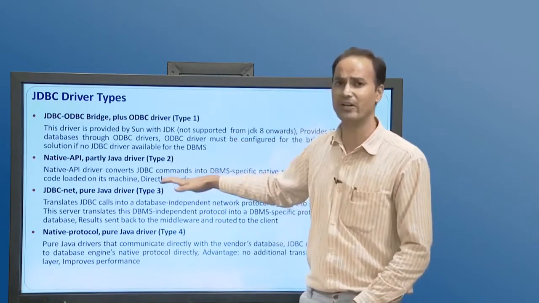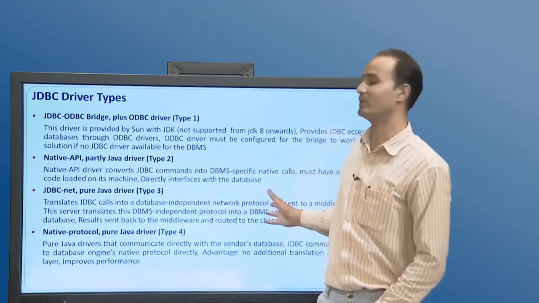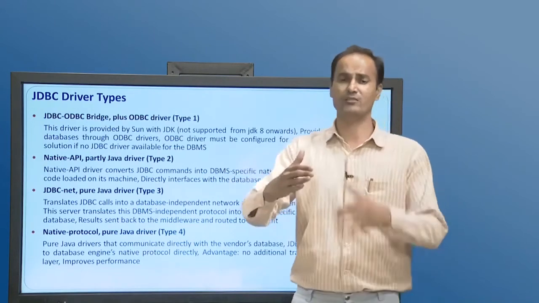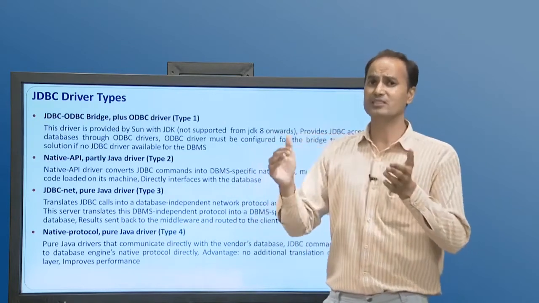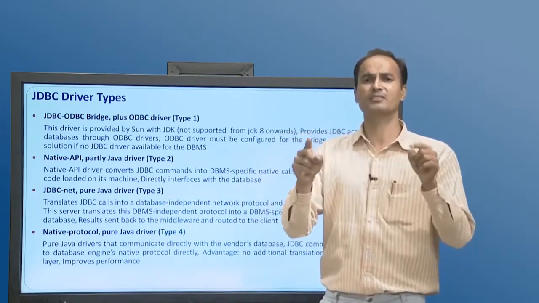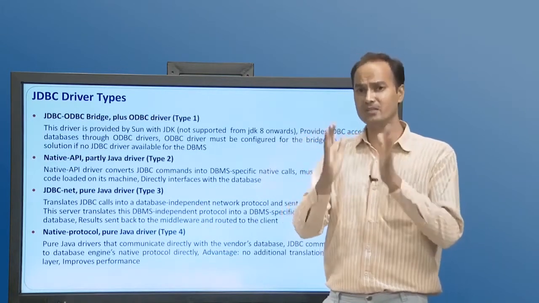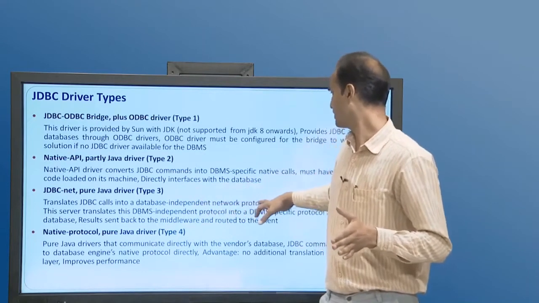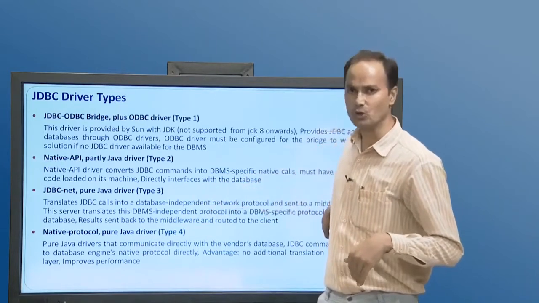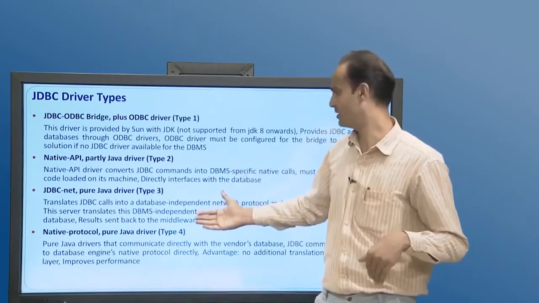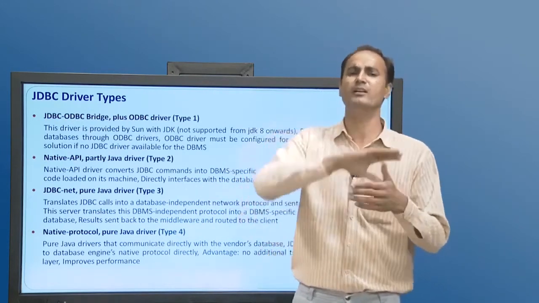This kind of driver translates the JDBC call into a database-independent network protocol and sends it to the middle-level server. The middle-level server then receives it and translates the database-independent network protocol to the DBMS-specific protocol, and sends it to the database. The result is sent back in the reverse order, the same way, and translated back to the client.